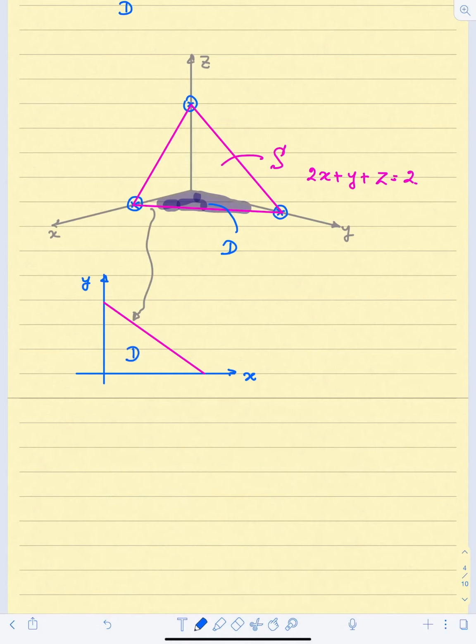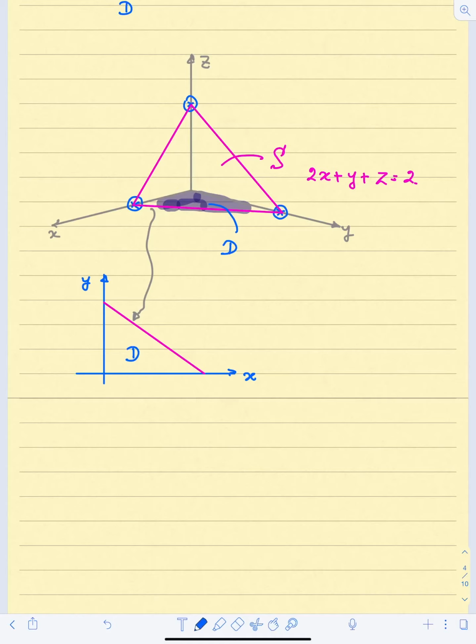So let's find the equation of this line. To get the equation of this line, you need to substitute z equals 0, and the reason is this line is on the xy plane, and on the xy plane your z coordinate equals 0.